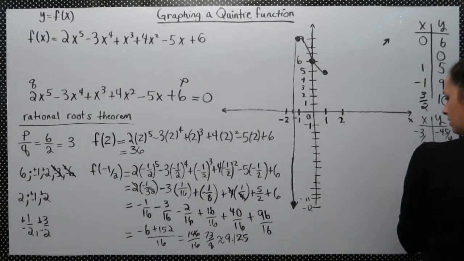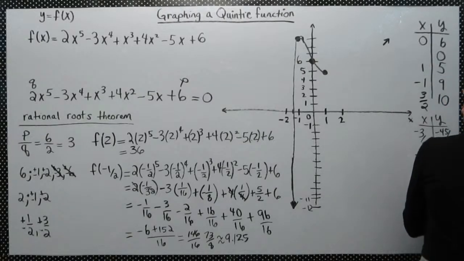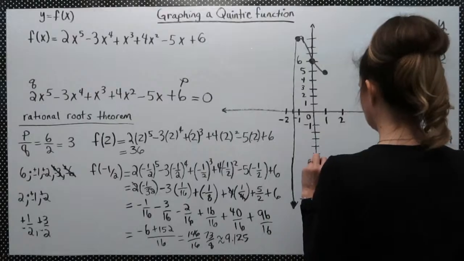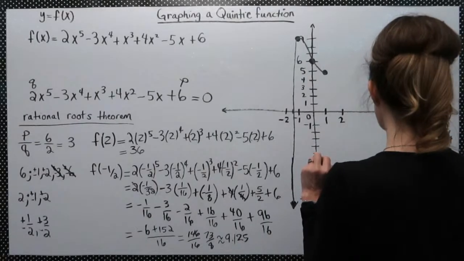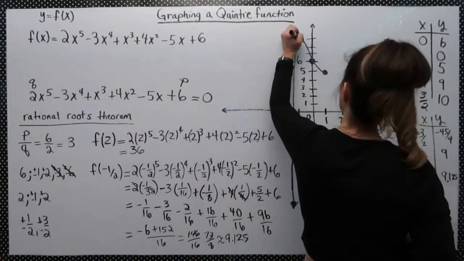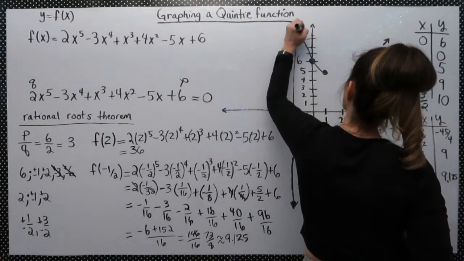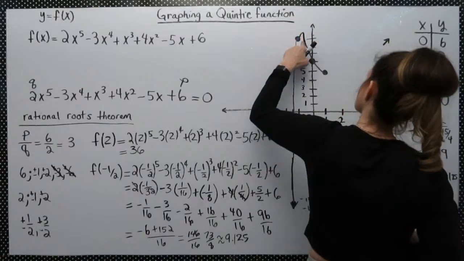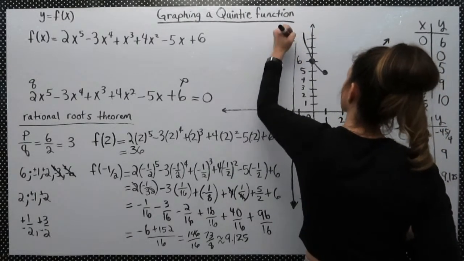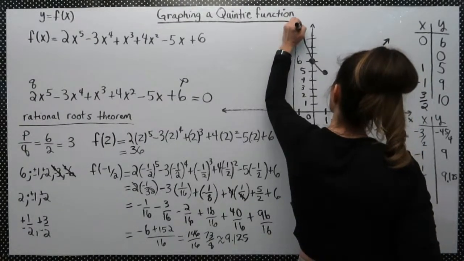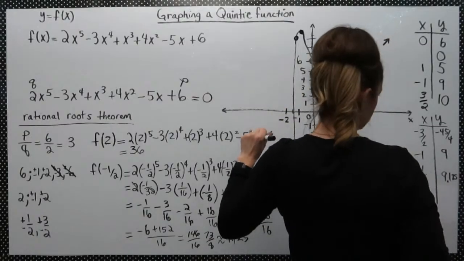And then -1/2, we're at 9.125. Wait, +9. Yeah, so we're just up a little bit more at 1/2. So it goes up a little bit more is what it does. That might be a maximum.